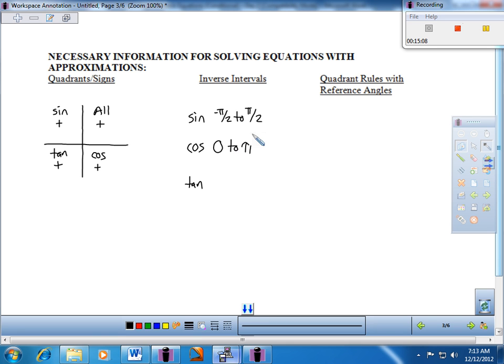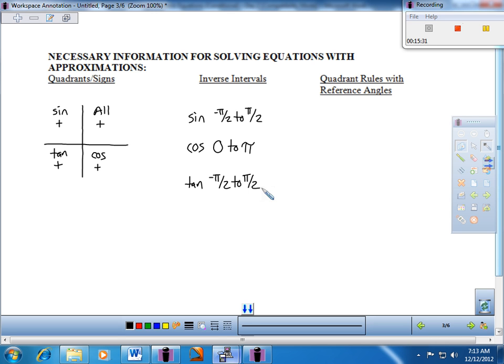When you do an inverse cosine on your calculator, it is programmed only to give you numbers in between 0 and pi. So for example, like this last one, how would I get an answer in quadrant 4 if the calculator is only giving me these pieces right here? And in tangent, not that we're going to do a ton with tangent, but if you remember, tangent had basically the same interval as sine. Not exact, but basically.